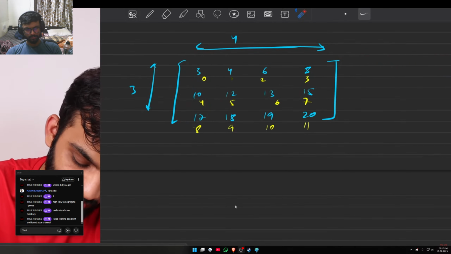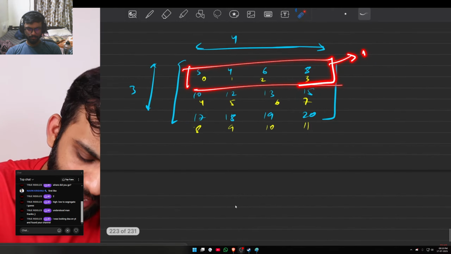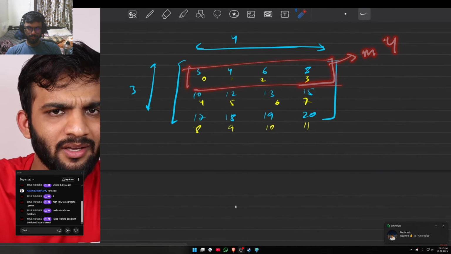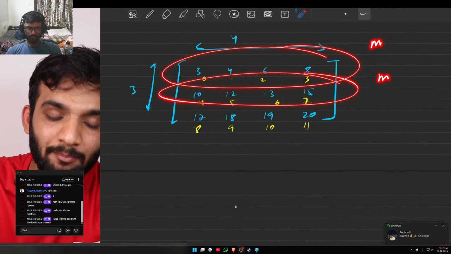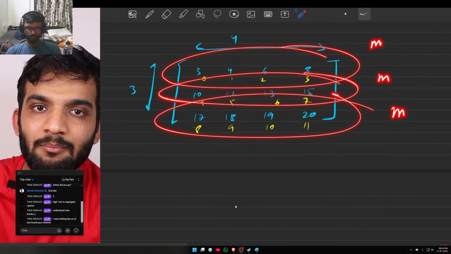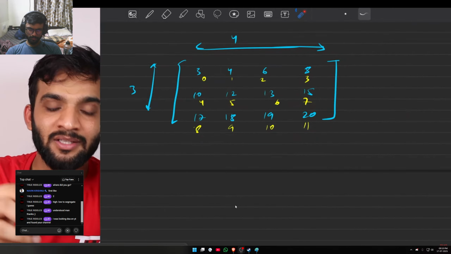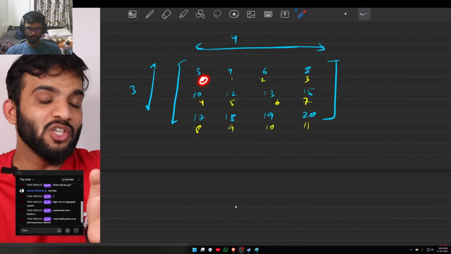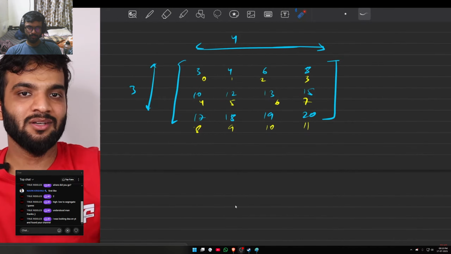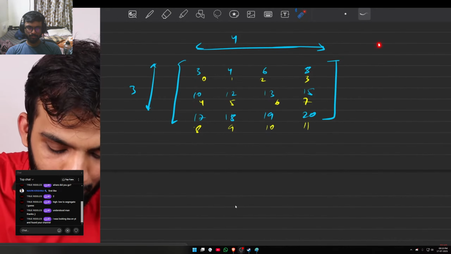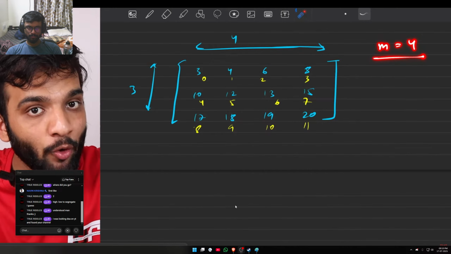Why? Because every row has m numbers, or 4. Since you start the indexing from 0, the first element of each row is always a multiple of m, which in this case is 4.